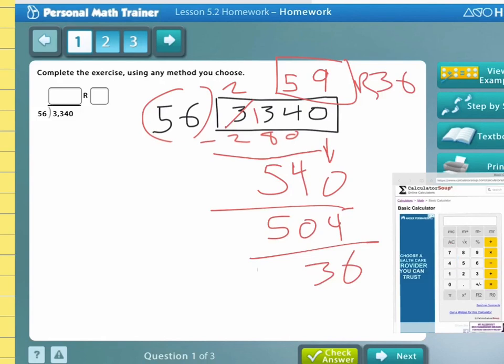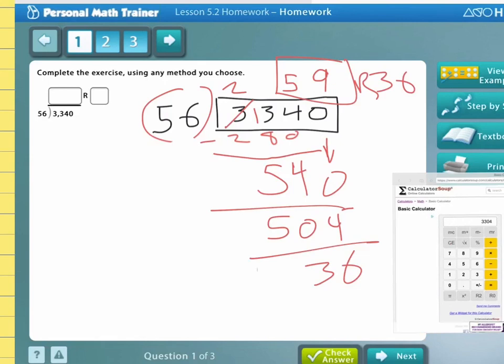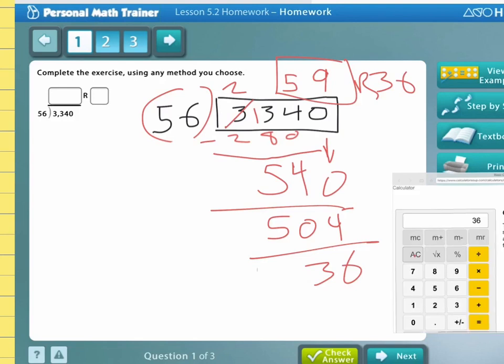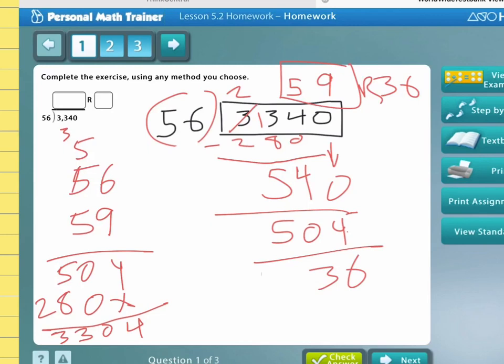My calculator wasn't working very well, so I just did it manually: 3,304, and I add 36 to that, which is the remainder, and I do get the original dividend of 3,340, so that is the correct answer.